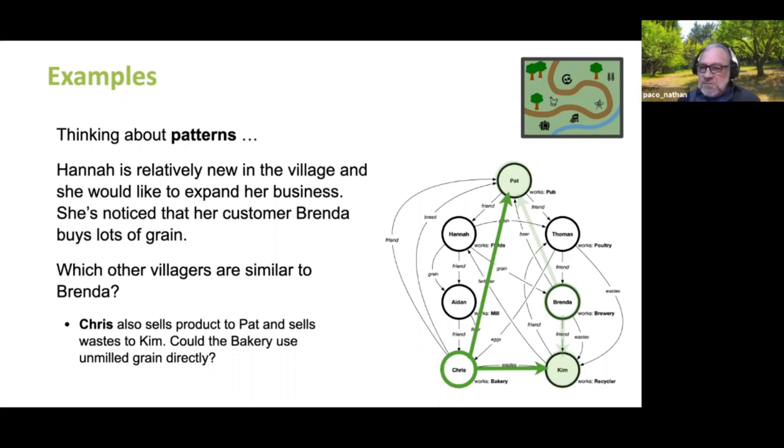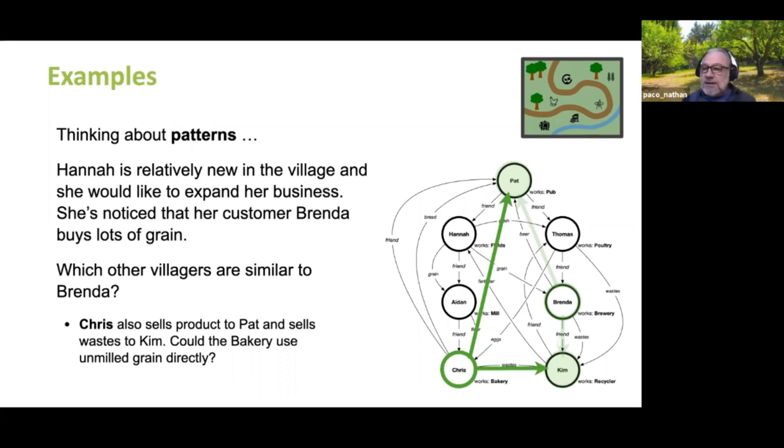And if you do a bit of pattern analysis here, if you look at this in terms of a graph, it turns out that Brenda sells food to Pat and also sells organic waste to Kim and consumes grain from Hannah. Now, Chris similarly sells food to Pat at the pub and also similarly sells organic waste to Kim, but doesn't buy grain directly.